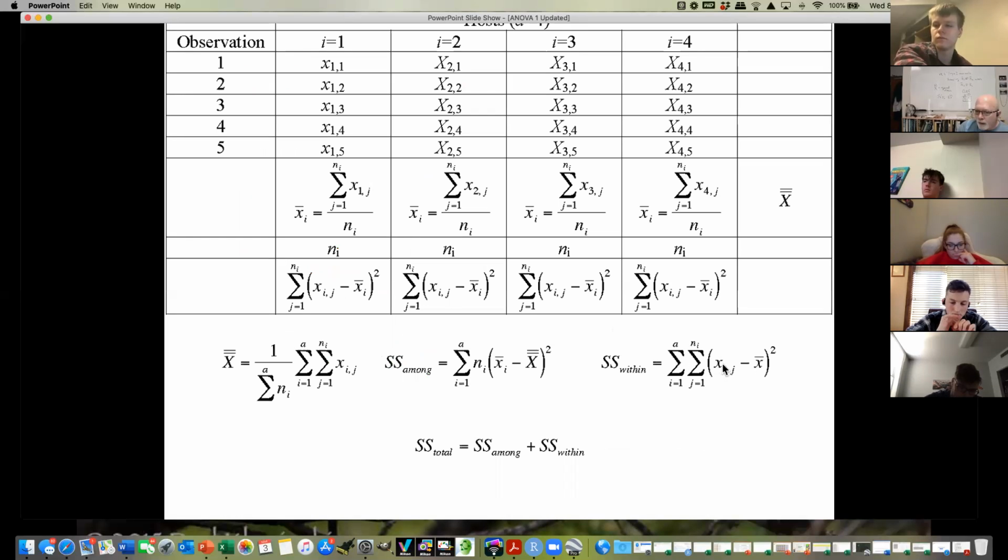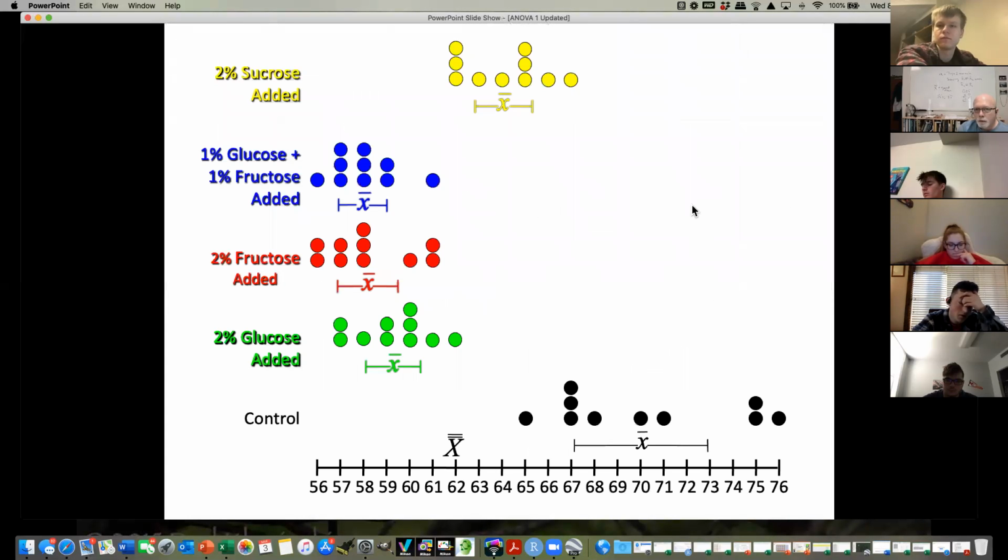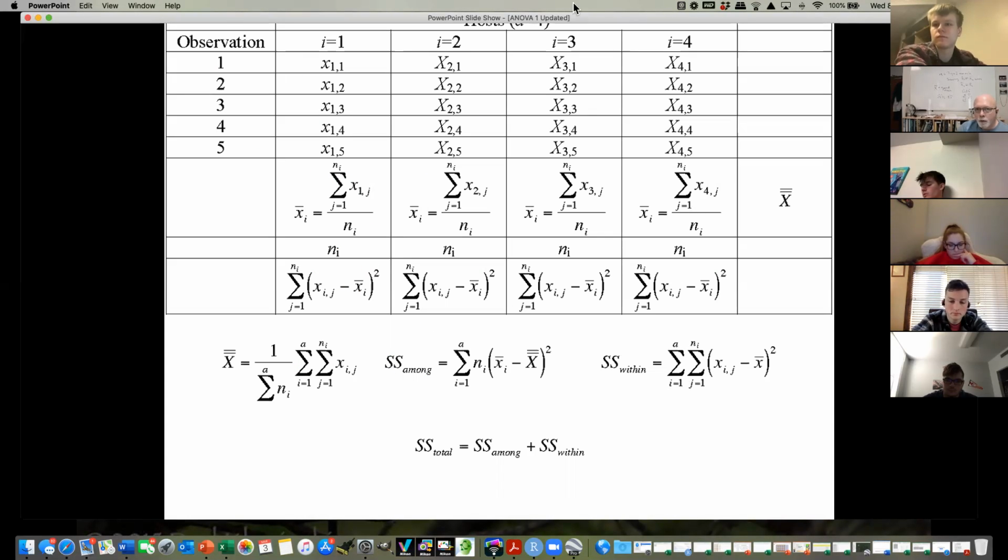It's the individual values within a treatment relative to the treatment mean squared, added up across all the values within a treatment and added up across all the treatments. That's why there's two summations. The first summation on the right-hand side is summing within a treatment, and then this is summing across treatments. So at the top of this figure, we have 4 different treatments, and so this would be summed across 1 to 4.